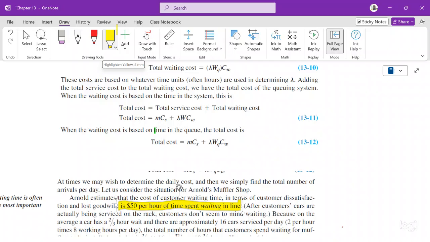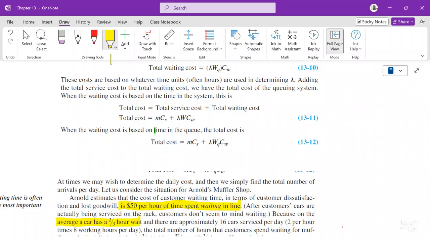There are actually 2 cars per hour, and there are approximately 16 cars serviced per day, right? 16 cars serviced per day, and that is 2 per hour times 8 working hours. So you need to keep that in mind. You have 8 hours, you have 2 cars being serviced per hour, that leads to 16 cars serviced per day, right? So that is also important. All this information is important.